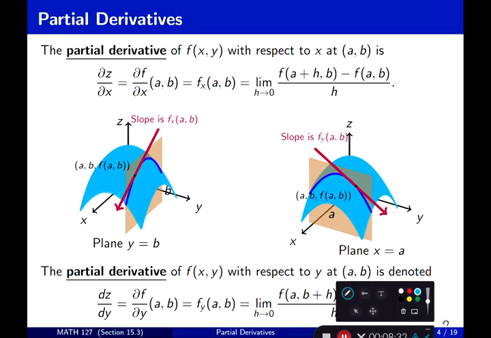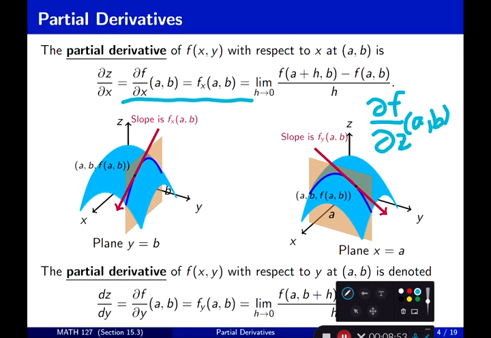I'm going to write this notation down because sometimes seeing it handwritten is easier for your mind. So you write round f and round z, and then you evaluate it at a and b, for example. Or you can put the a and b with a big line at the bottom.